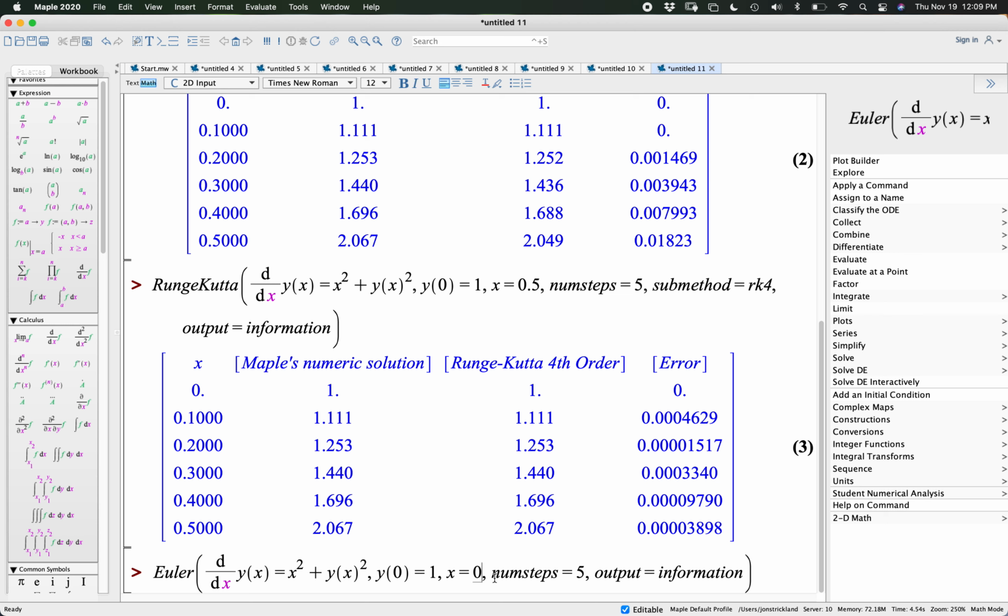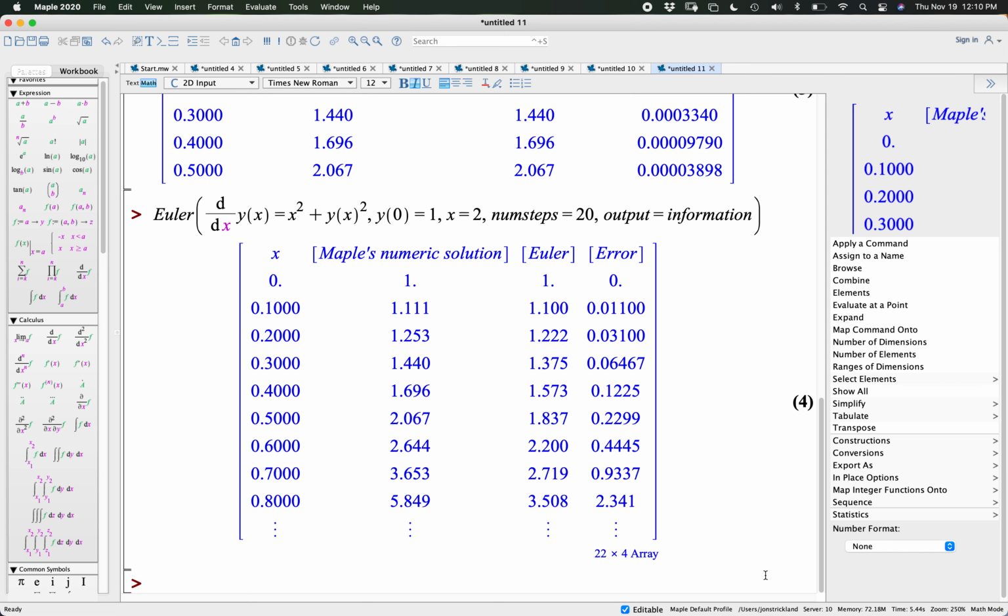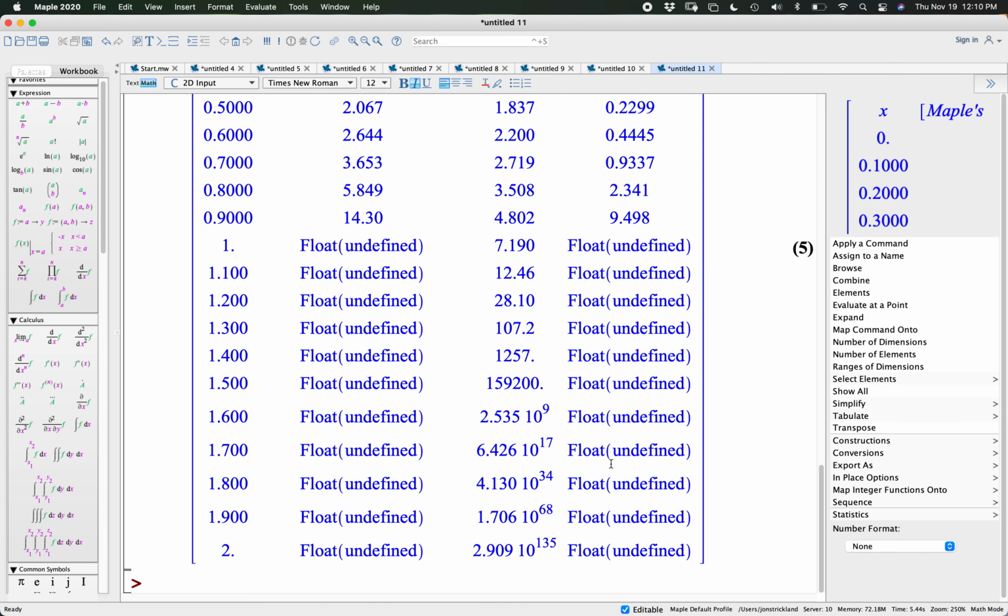So if I'm going out to x equal to 2, and I keep the step size at 0.1, there might be an unstable situation here. In fact, now this one does stabilize. So showing all, this is what's going to happen within certain parameters.